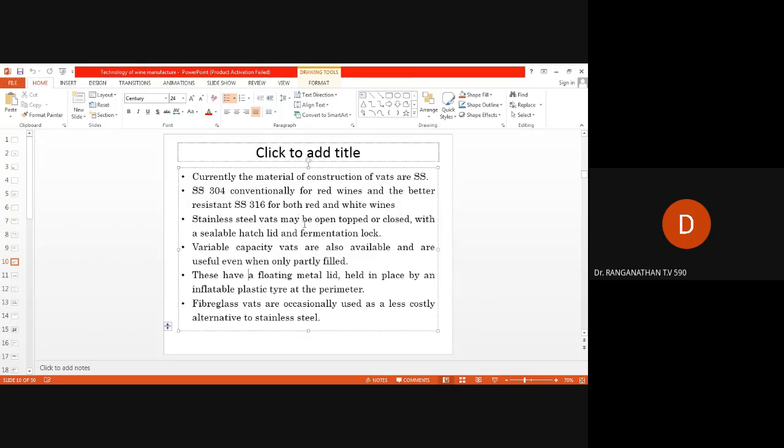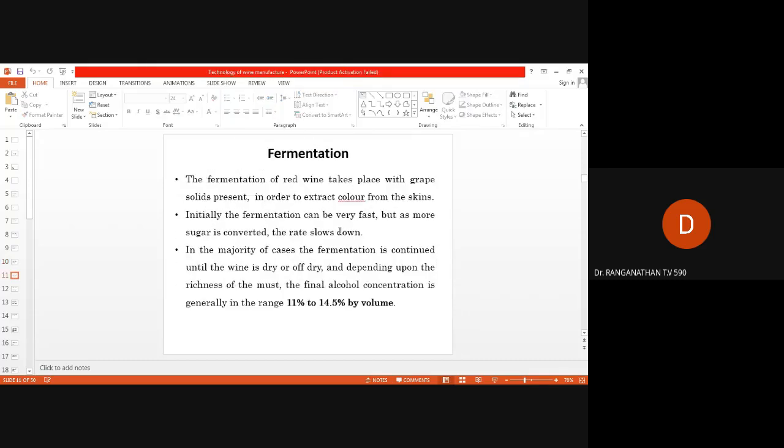The floaters, like the skin, are pushed inside. This will ensure proper mixing of the juice with the skin, thereby enhancing the extraction of anthocyanins from the skin. The fermentation of red wine takes place with grape solids present.